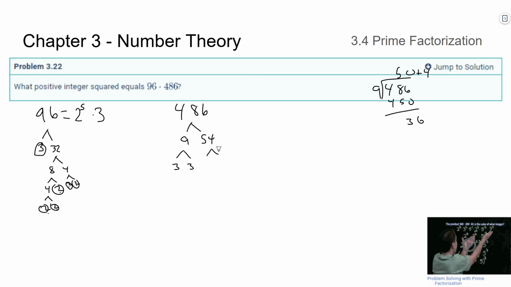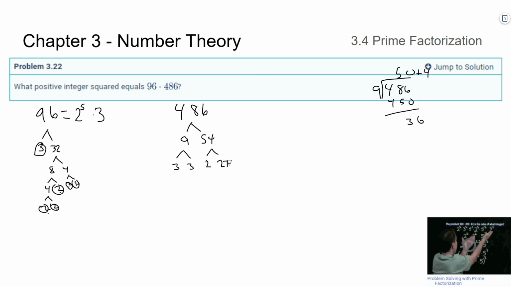54, let's just do 2. 2 goes into 5 twice, 27. 27 actually might be a prime.